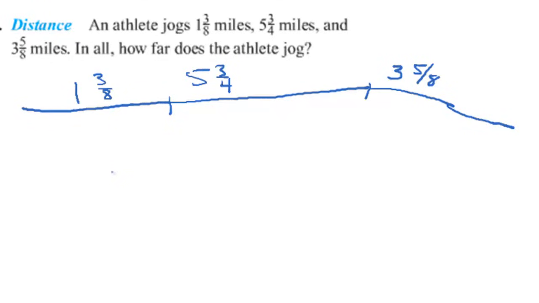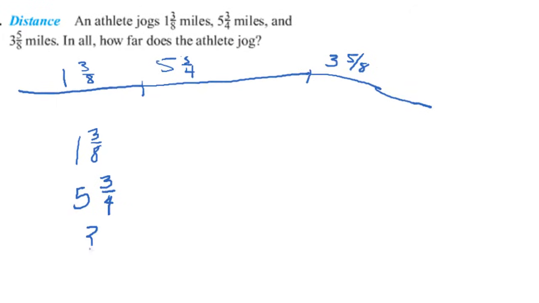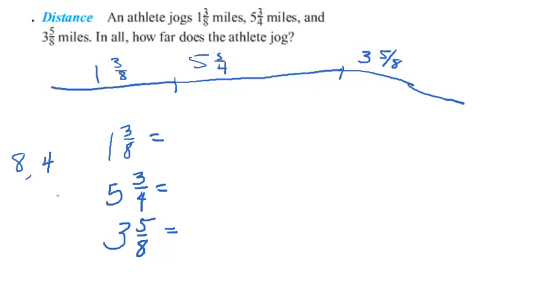So looking at our picture, we know that to figure out the total miles that the athlete jogs, we're going to have to add these three fractions. So I'm going to go ahead and rewrite them here vertical because we know that we're going to have to find a common denominator, right? So we're looking now at 8 and 4. Common denominator between 8 and 4.